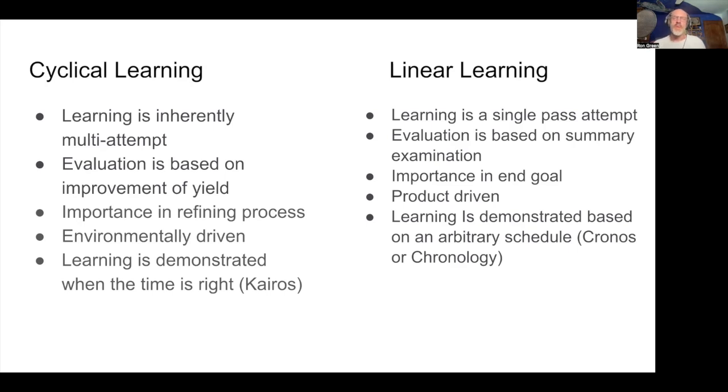Who knows? In linear learning, the evaluation is based on a summary examination. You have this amount of time, and at the end of that time, you're going to take a test, and whatever your skill set is when you take the test, that's it. It's over. That's the end of the class, right?